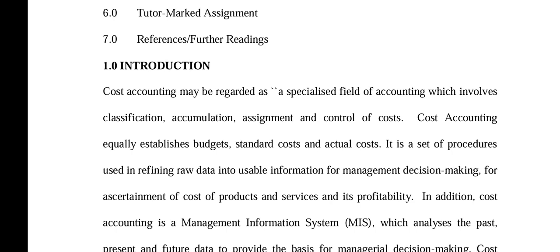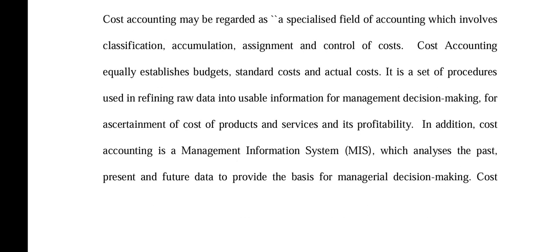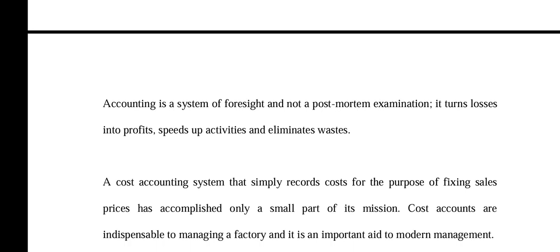So this is the essence of cost accounting, and the end is towards controlling costs. We want to find a suitable way in which we can mitigate loss and maximize profit at the same time. That is what we refer to as cost control.